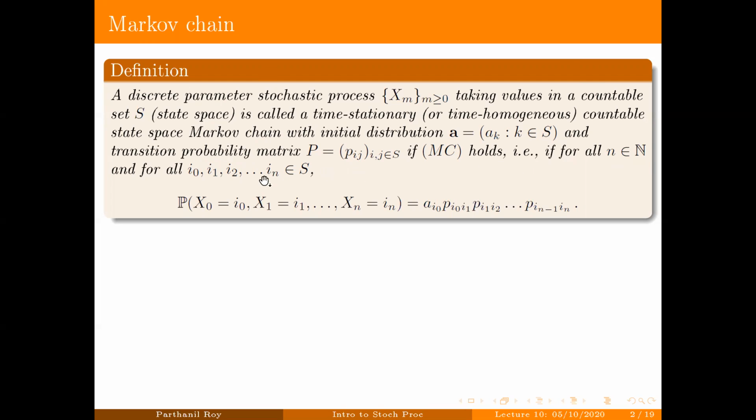That is, for all positive integer n and for all i0 up to in in S, the joint distribution of X0 to Xn is given by this quantity here. So the joint distribution of X0 to Xn for every positive integer n is basically specified by this initial distribution A and this transition matrix P in this fashion.